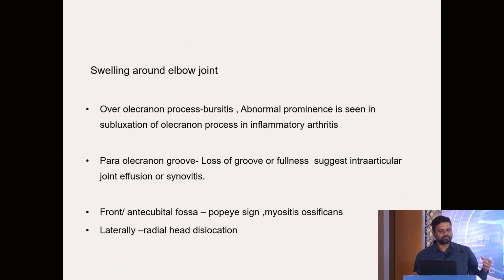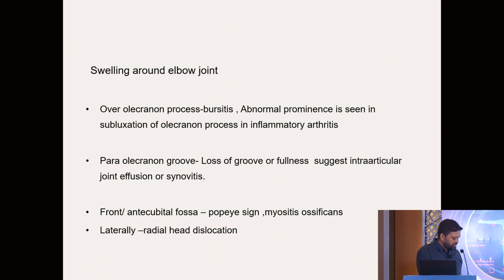Sometimes there may be an olecranon subluxation because of some trauma, or even in severe cases of inflammatory arthritis, we may get subluxation of the olecranon process. In the para-olecranon groove, which is just beside the olecranon process, look for whether there is any fullness, which may be coming from intra-articular joint effusion or synovitis.